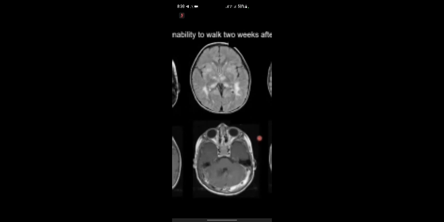There is no contrast enhancement in this context in a young child that's got an URTI. I think this is likely to be ADEM.